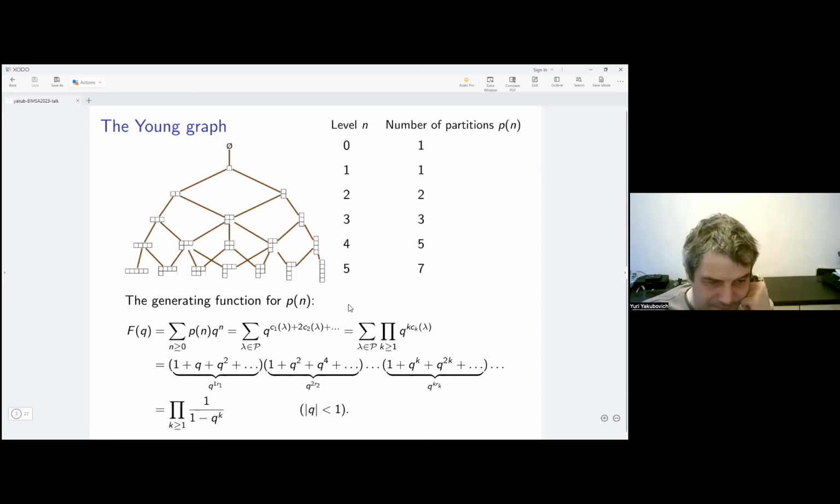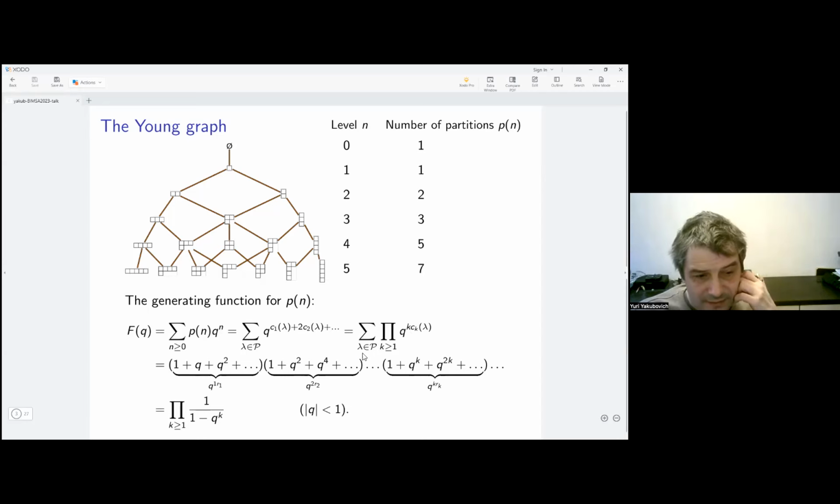This will be n if lambda is a partition of n, and it will be counted p(n) times. Then q to the power of this sum we can write as a product of q to the just one summand.